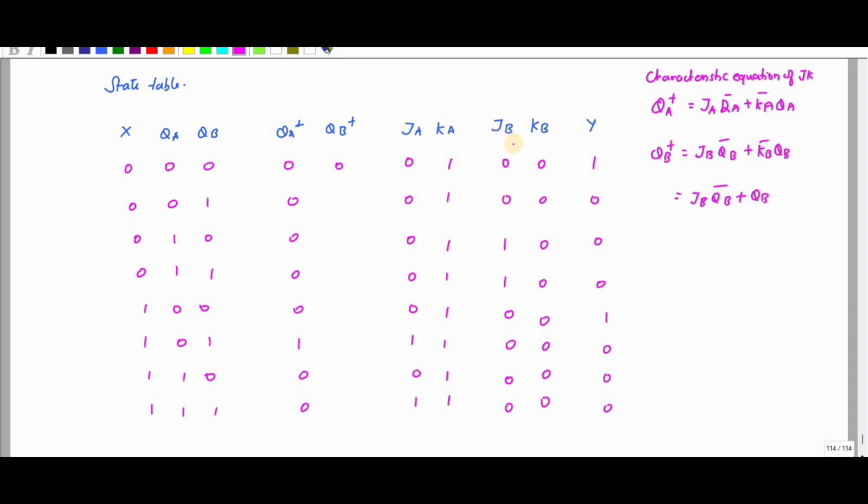If QB and JB are 0, the output is 0. Next, if QB is 1, obviously the output is 1. JB is 1, 1 into 1 is 1. Okay, so this is your answer.